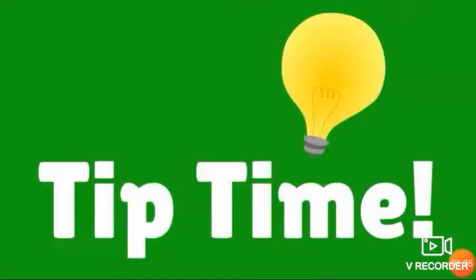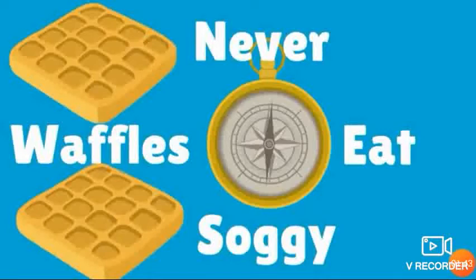Now students, here is a tip for you, and this is going to be very helpful. I know many students face a lot of problems identifying the directions, but here is the tip. It's very funny. Okay, come on, let's proceed. Never eat soggy waffles. Means what? North, east, south and west.